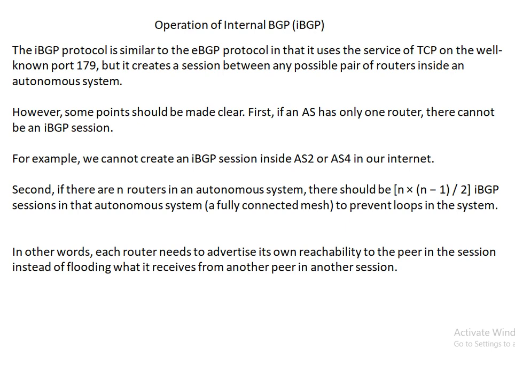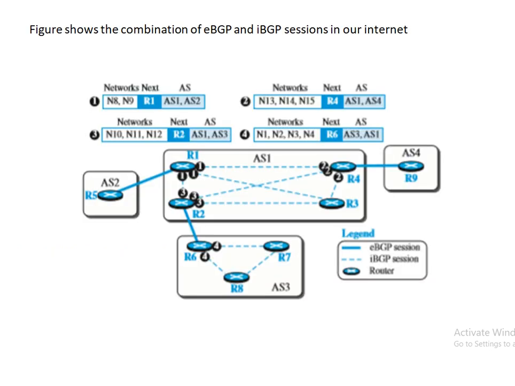In other words, each router needs to advertise its own reachability to its peer in the session instead of flooding what it receives from another peer in another session. So it has to advertise how it can be reached. This figure shows the combination of eBGP and iBGP, which is the complete BGP4 session going on inside a network.